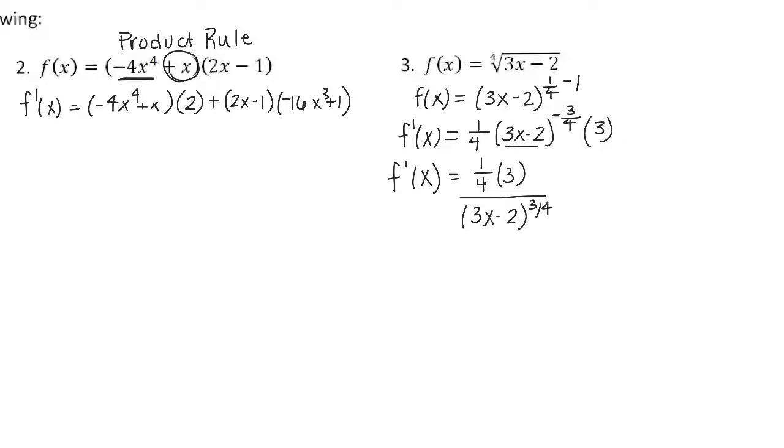Or if that is just too much, well, then you could go back and say, you could have written this f prime equals 3/4 times 3x minus 2 to the 3/4. Certainly can do that, and a lot of people will do it that way, which is fine, don't care.